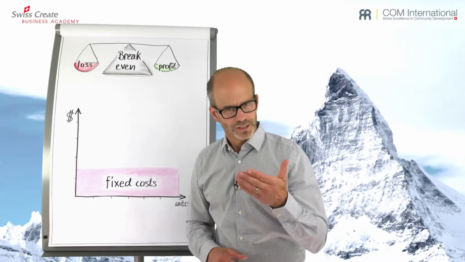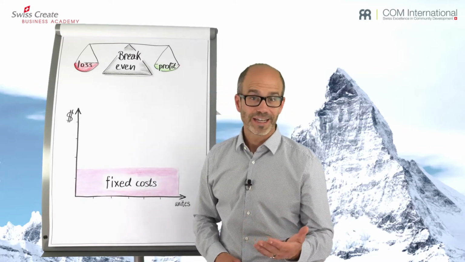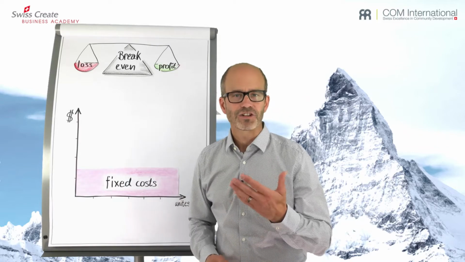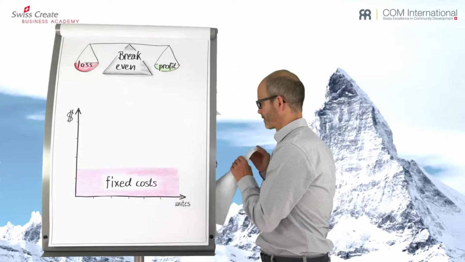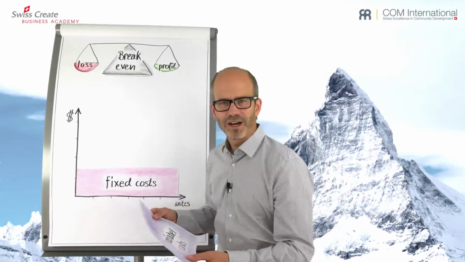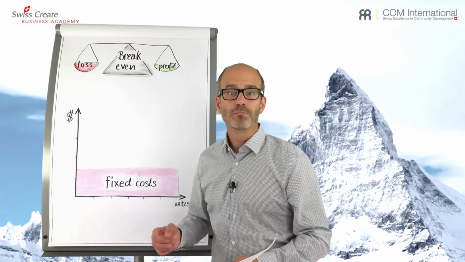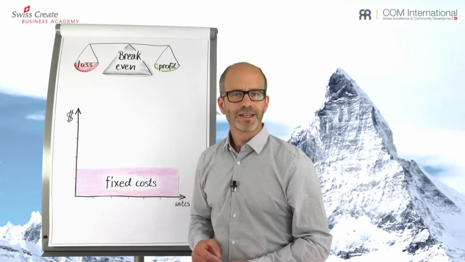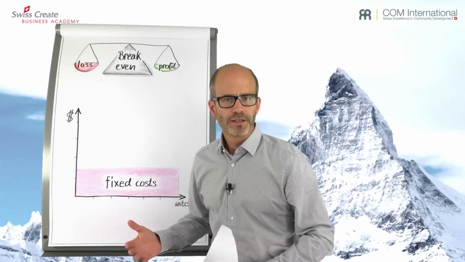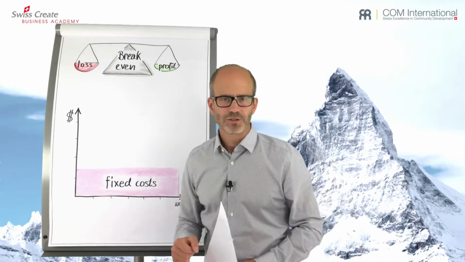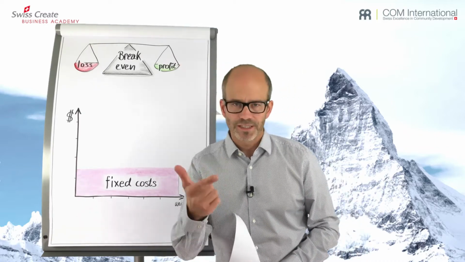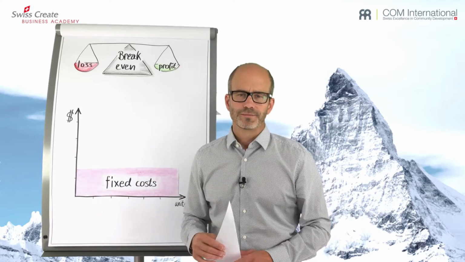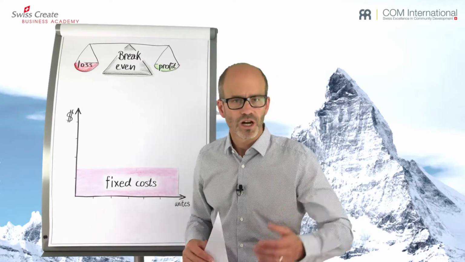But that's just the first part of the costs. I have other costs, the variable costs. The variable costs are costs because I am producing. That could be the material, the electricity, and also the phone costs.